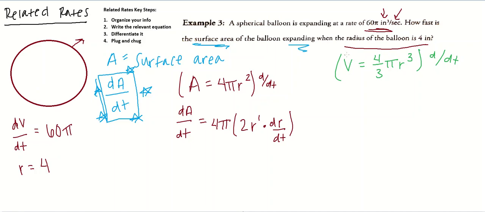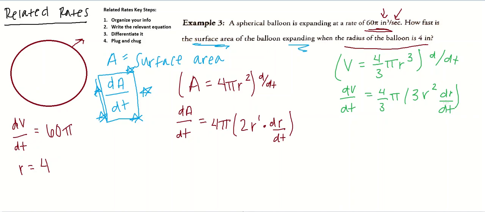Well, over here on the left-hand side, when I took the derivative of V, I'm going to get dV/dt, and then the 4/3 pi is just going to hang out front. And then when I take the derivative of r cubed, I'm going to get 3r squared times dr/dt.